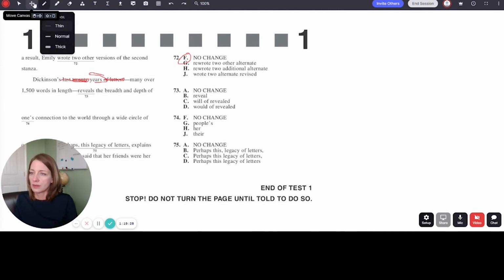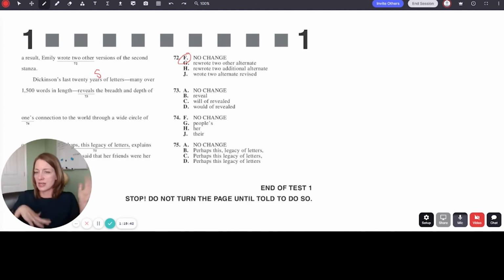Let me clean that up a little bit. Years reveal. They put these things around it so that you can kind of be distracted, but you've got to think it's not the adjective, it's not the modifiers, and it's not the prepositional phrases. Those are not your subject. Okay. Years. Is that plural or singular? Plural. Years reveal the breadth and depth of one's connection to the world.